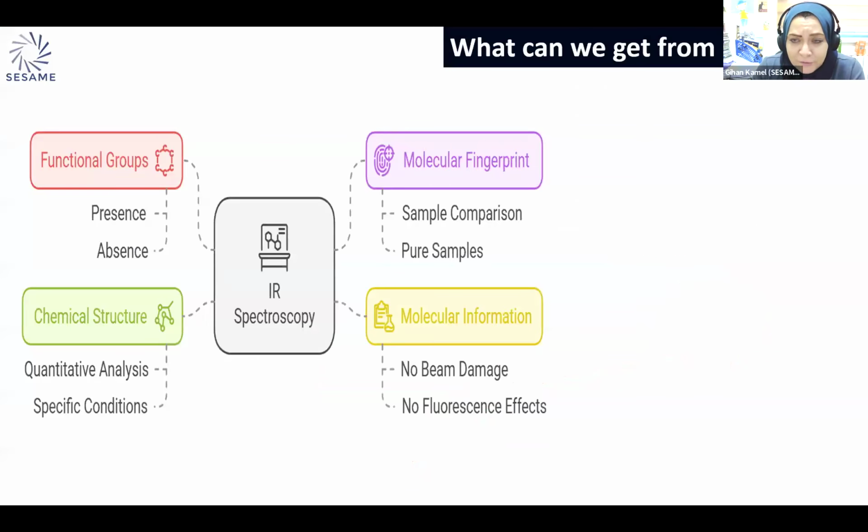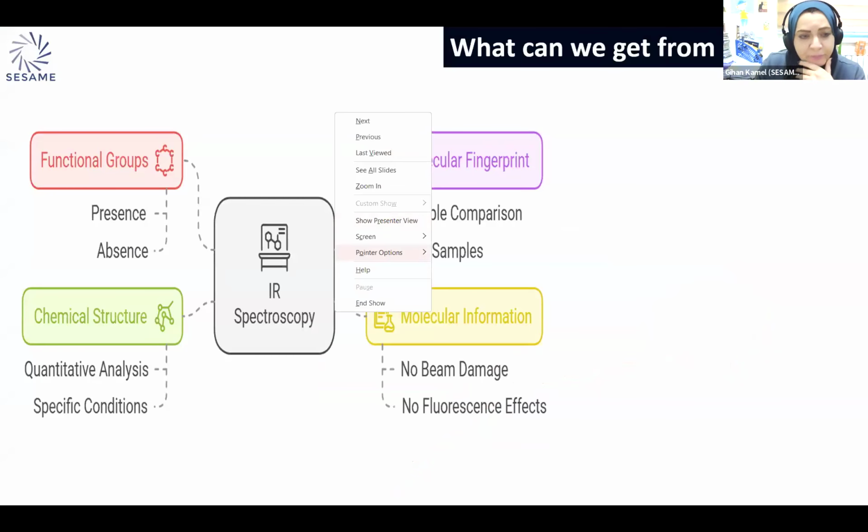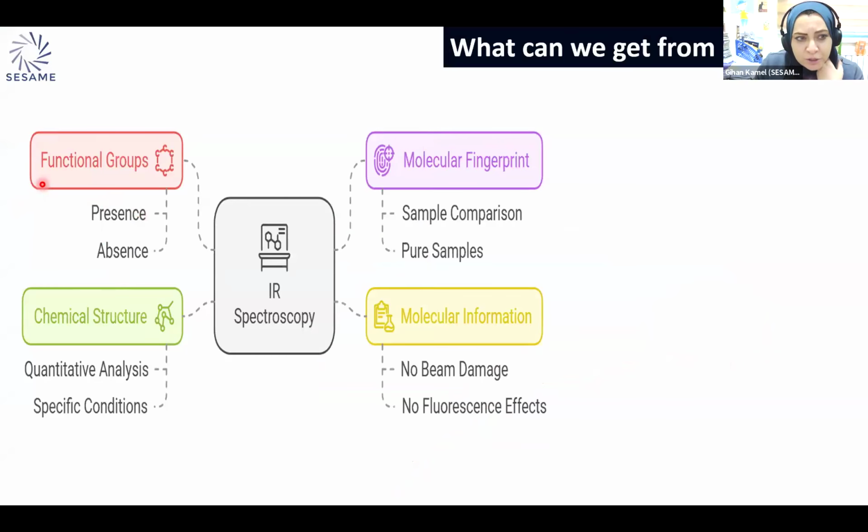So what can we get from infrared spectra as general information? We can get information about the functional groups, whether presence or absence, depending on the study that each one of us is probing.